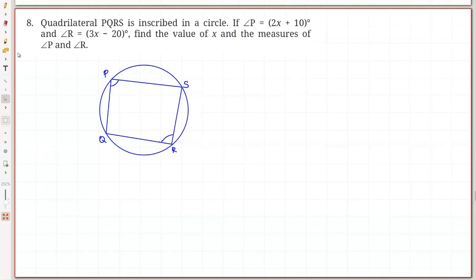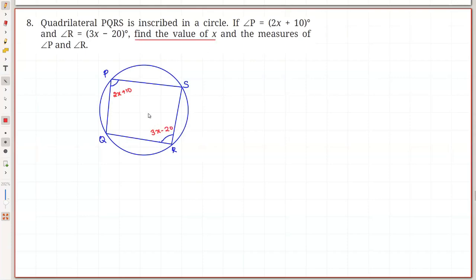Angle P is given as 2x plus 10, and angle R is given as 3x minus 20. So find the value of x. This is the cyclic quadrilateral.